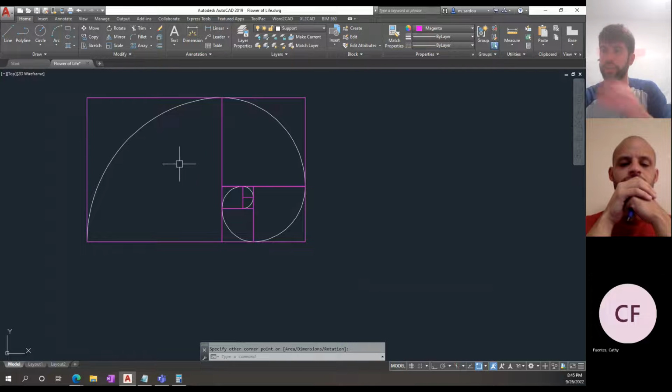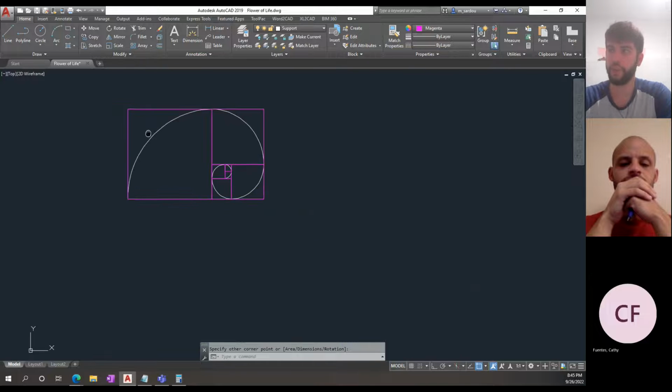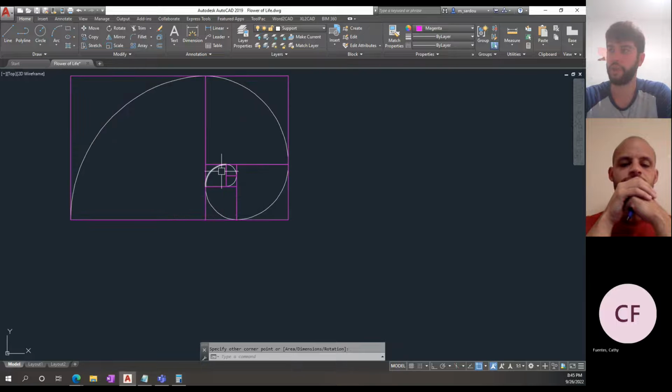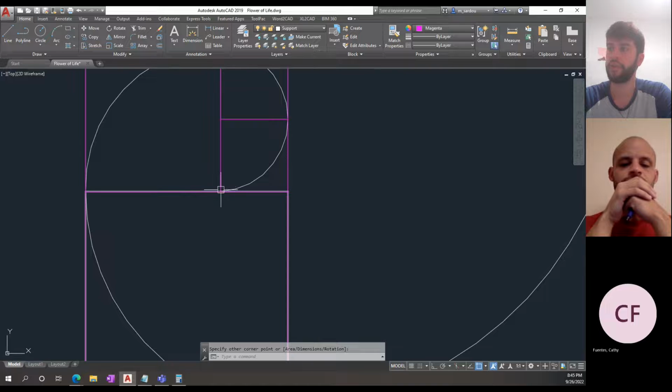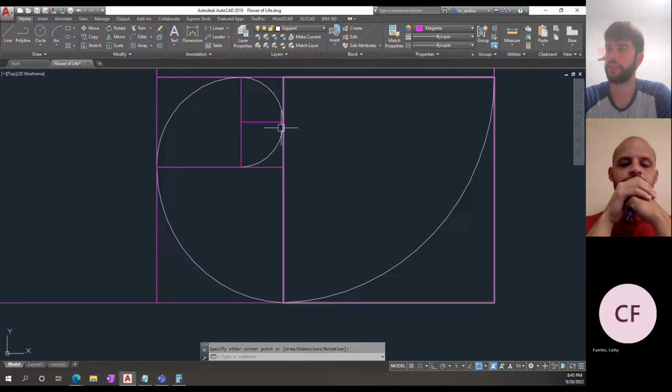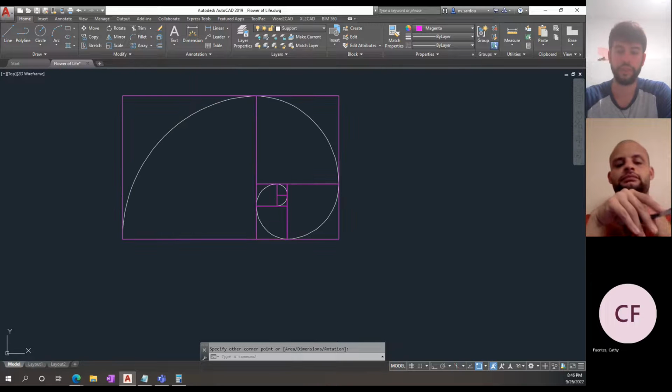But the interesting thing now is that you know what the phi ratio is, we can keep adding the spiral without the need of the squares. So the way I drew those curves was really getting the diagonal of the squares, from this corner to this corner, and so on.